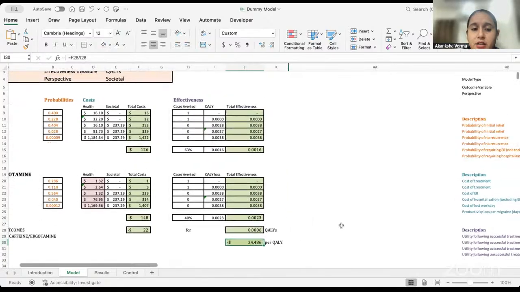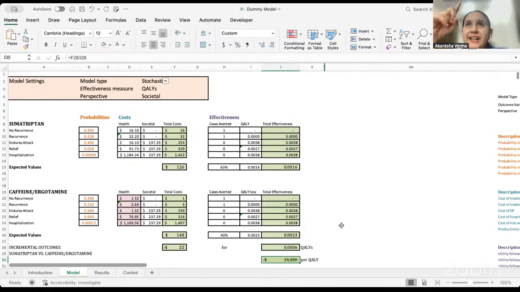And this is one probabilistic sensitivity analysis. The model has changed all the values simultaneously, and based on that, this is one ICER you have got for PSA.